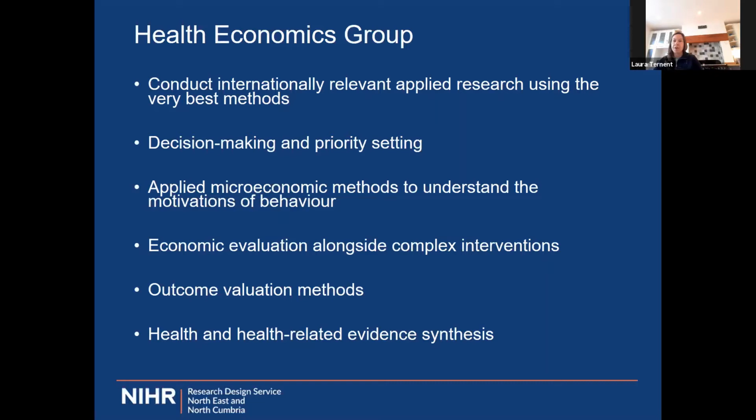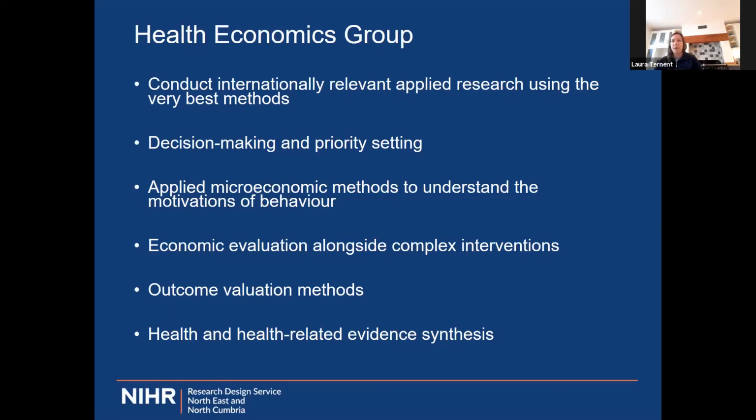We're also interested in applied microeconomic methods to understand motivations of behaviour. So this is often individual level data of large data sets. The largest element of what we do within the Health Economics Group is economic evaluations, either alongside complex interventions or in complex settings. So this will often be economic evaluations alongside complex trials.